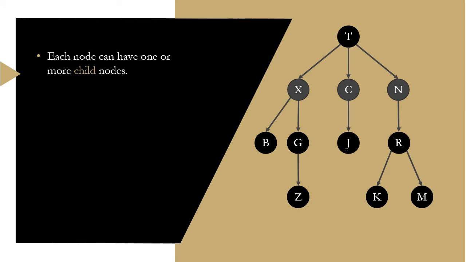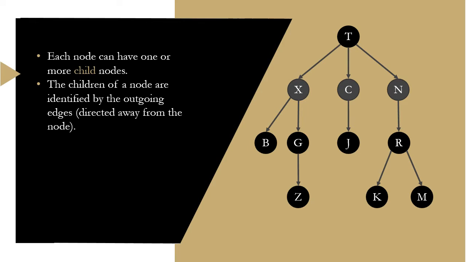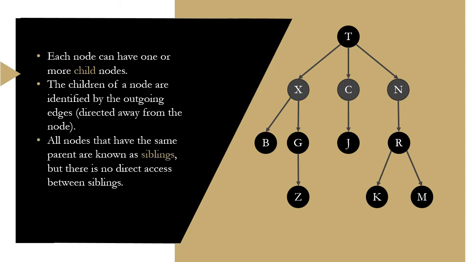Each node can have one or more child nodes. The children of a node are identified by the outgoing edges. All nodes that have the same parent are known as siblings, but there is no direct access between siblings.